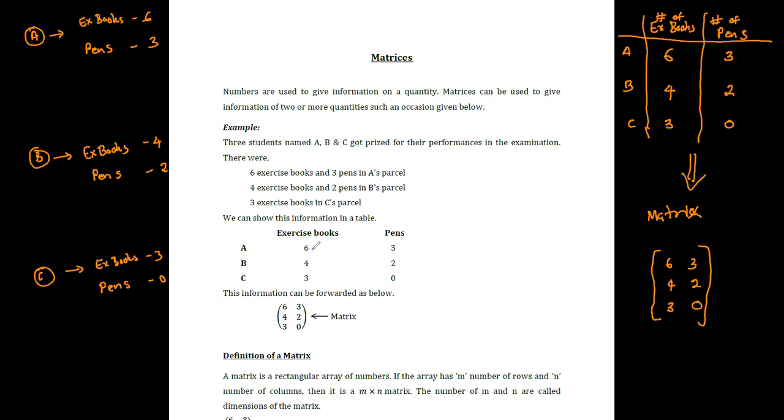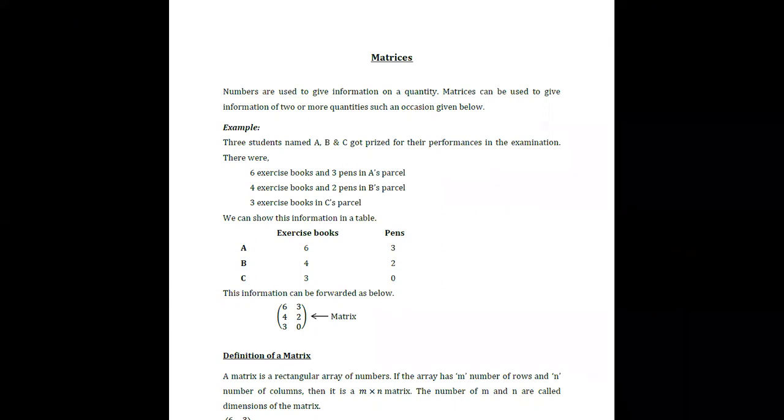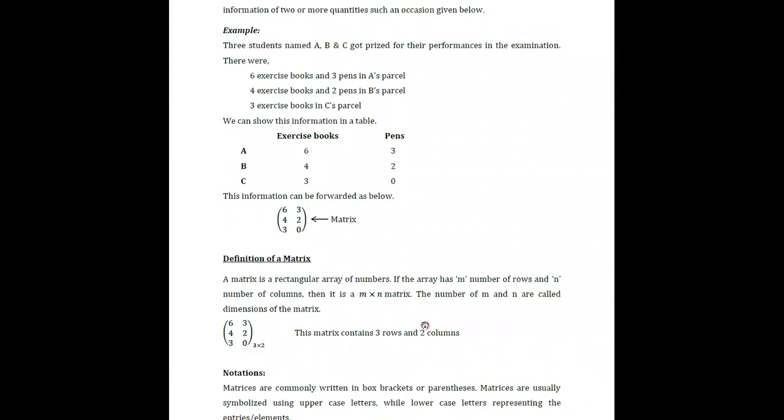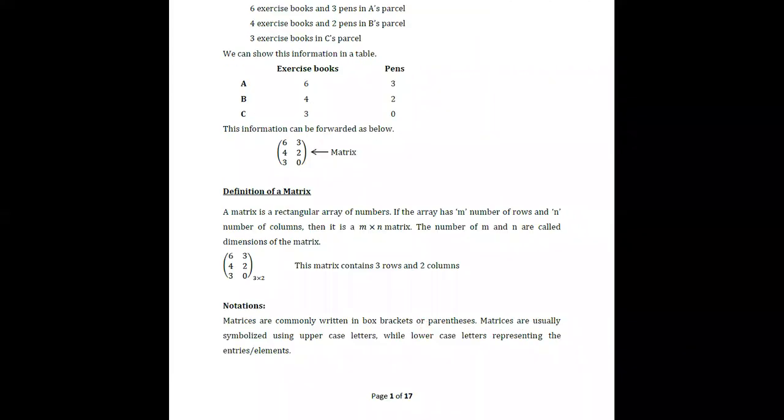Now we will move to the definition of a matrix. We'll see what is given as the definition. A matrix is said to be a rectangular array of numbers.